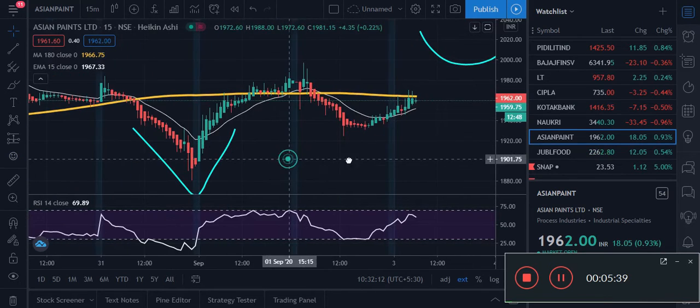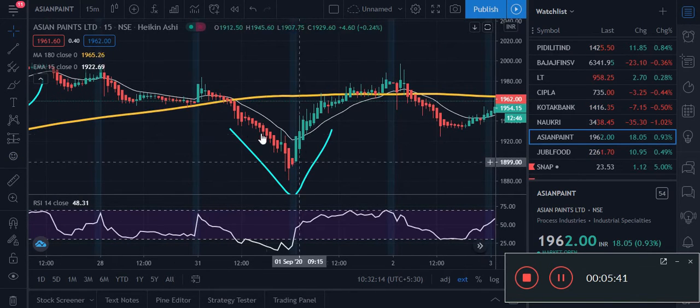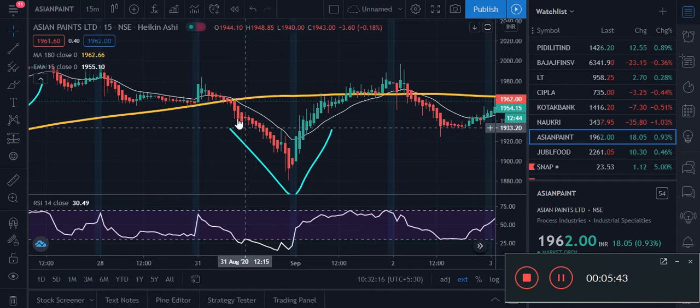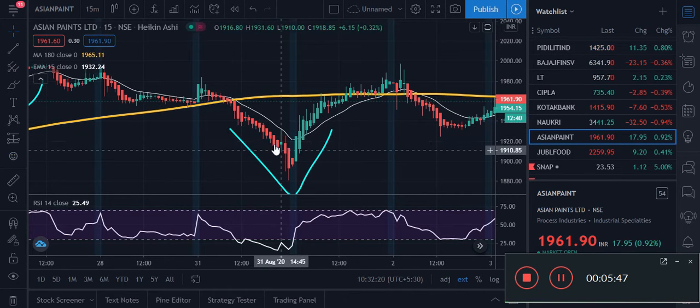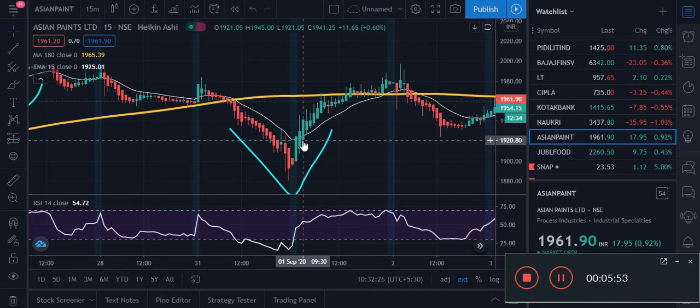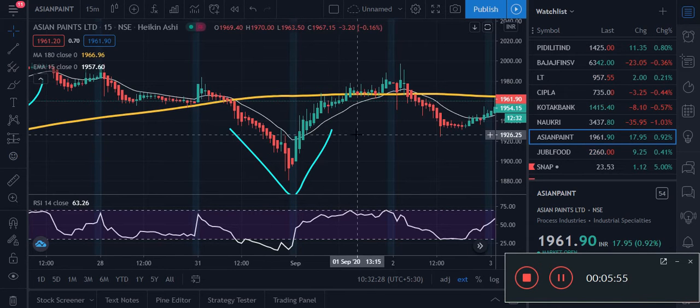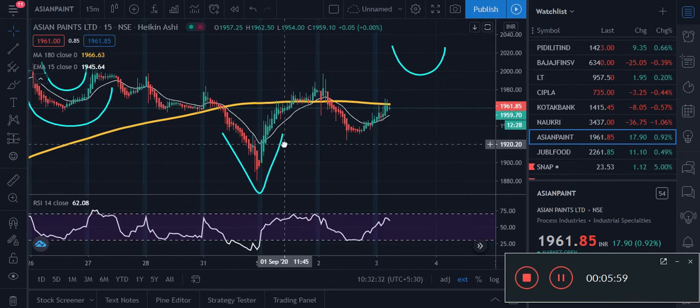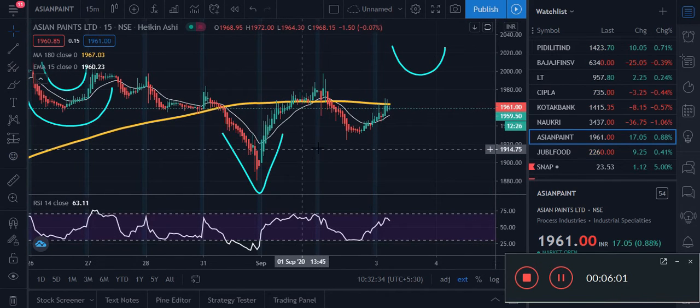But this one I would never call a cup and handle because it's too unpredictable. You cannot expect a stock to follow drastically with great volumes. Look at the size of those candles. It's falling down and then suddenly it shoots up, just the exact opposite. This is just volatility. You cannot predict it, you cannot trade on this. It's just playing with a knife. You just can't do it.